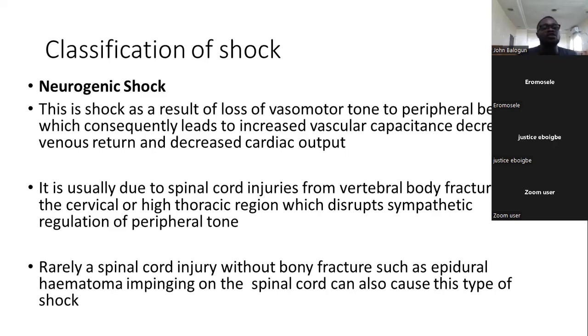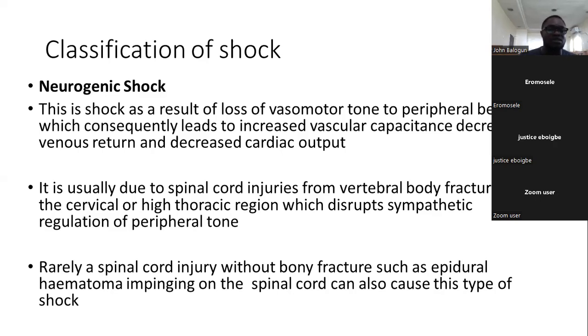Now, what is spinal shock? Spinal shock is a period of quiescence in the spinal cord after an injury, where the spinal cord at that point is not reactive. So the spinal reflexes that normally occur are cut off.